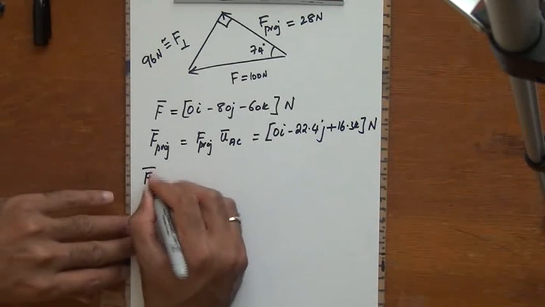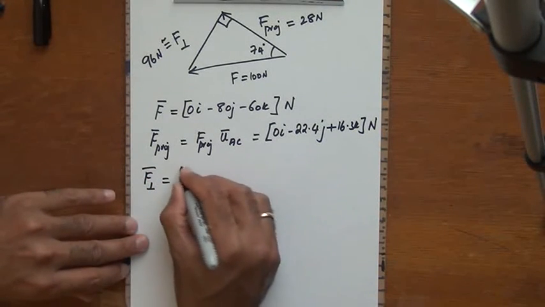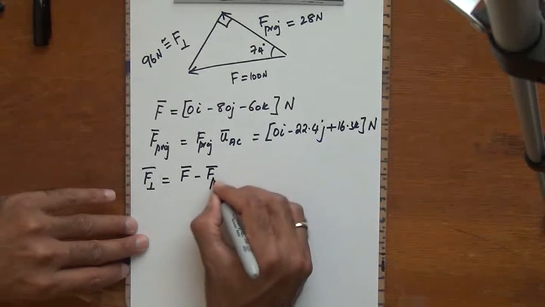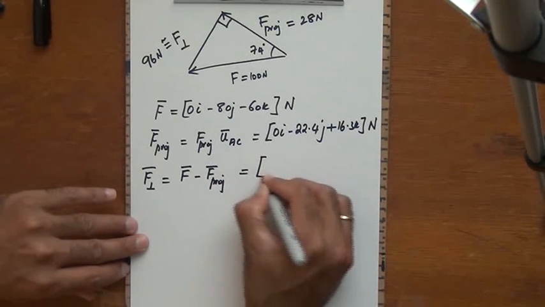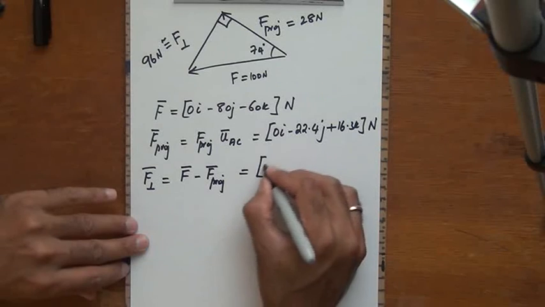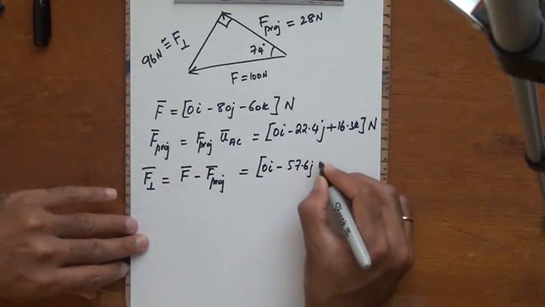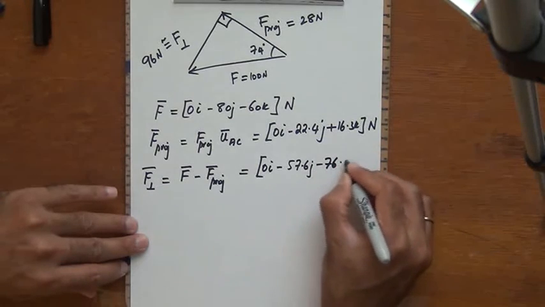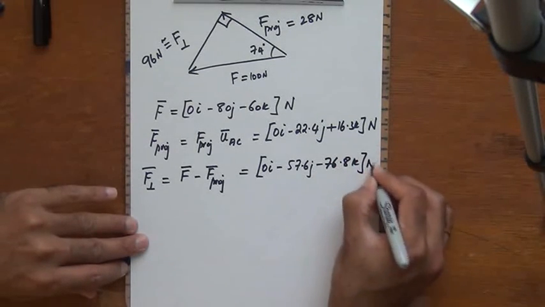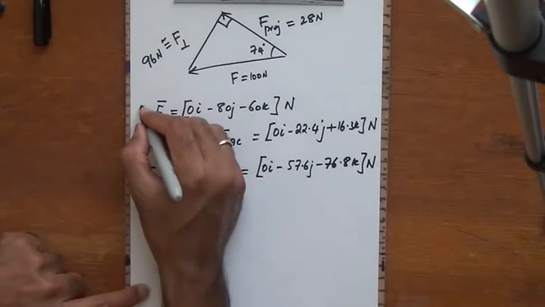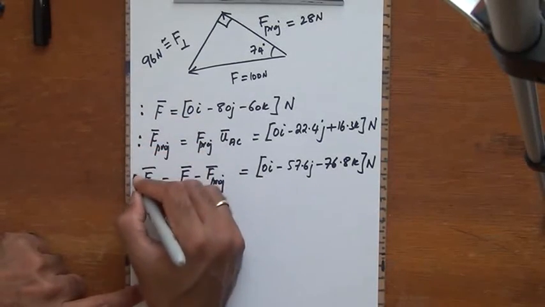And then F perpendicular, which was the difference between F and F projection, and this answer was found out as 0I minus 57.6J minus 76.8K, so many newtons. Alright, so these were the things that we needed to find out.